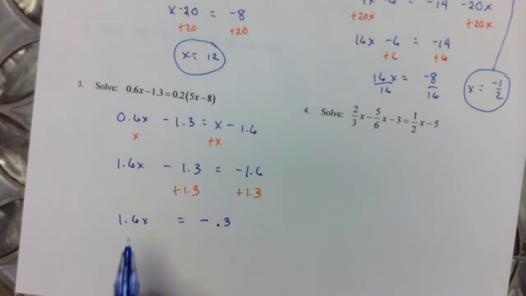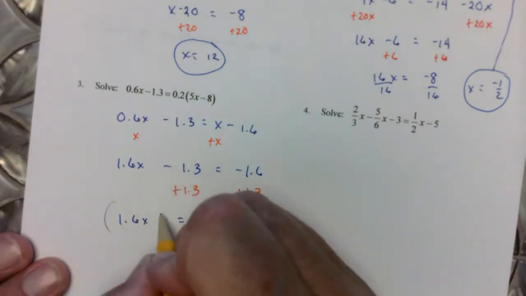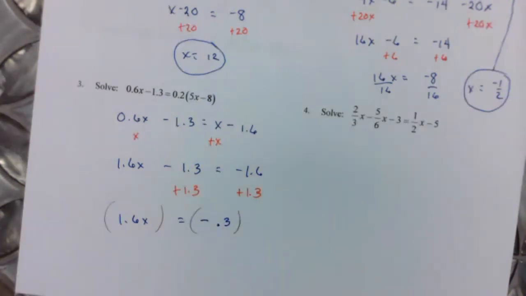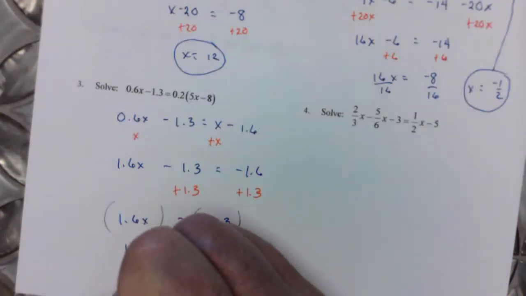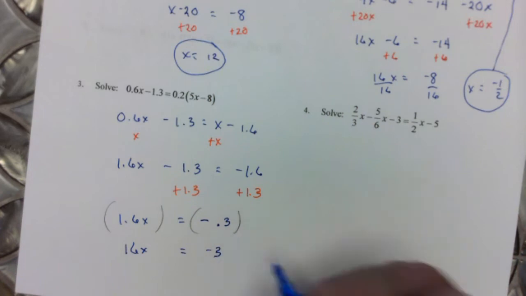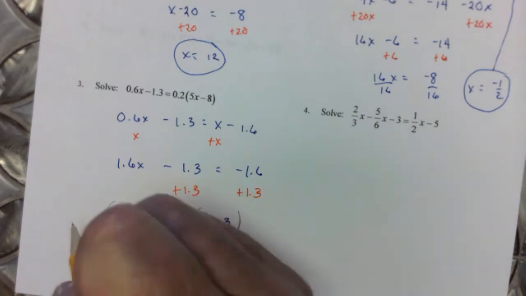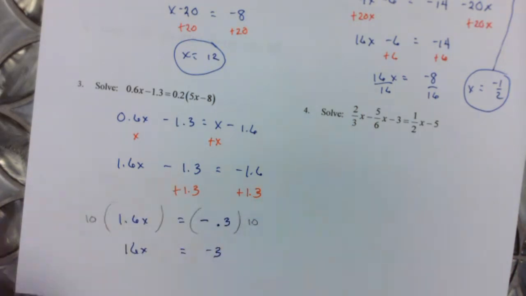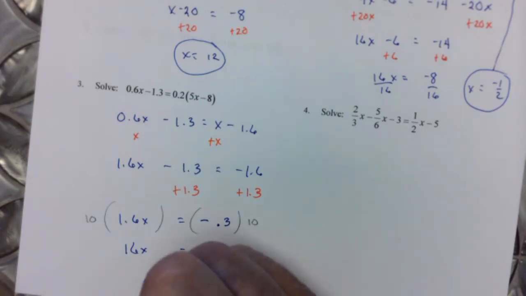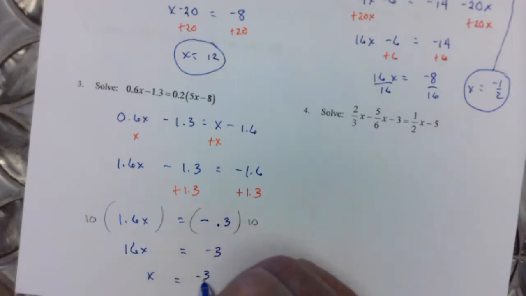Maybe I'm afraid of it, so let's multiply this side by 10, this side by 10. That gives me 16x equals negative 3. Yeah, I'm not so scared of it now. And I'm going to divide by 16. X equals negative 3 over 16.